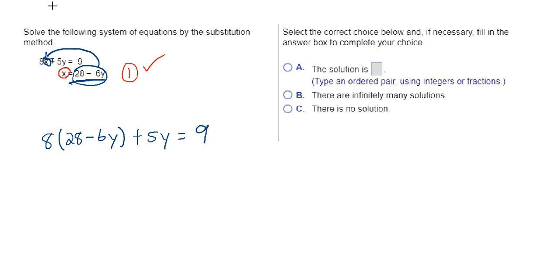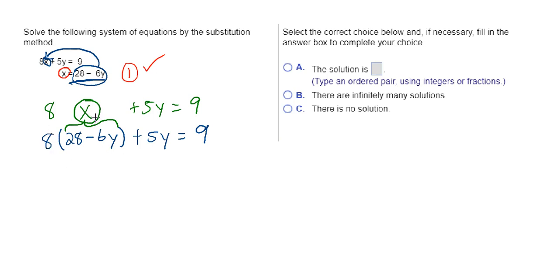All right, so just to show you a little more clearly the substitution that just took place, we have 8x plus 5y equals 9, right? That's the first equation. We replaced the x in the first equation with what it was equal to in the second equation. Right. So what we have as a result is this new equation where both of the original equations are present at the same time.